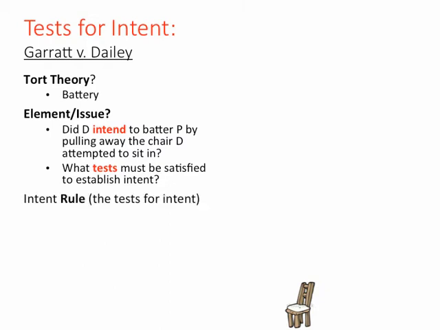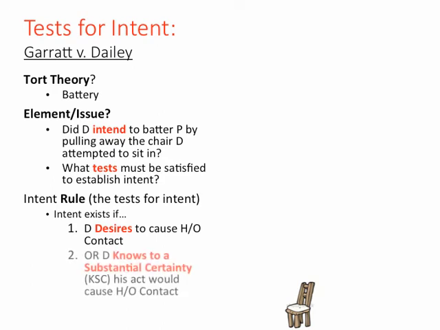The court does give a description of the rule, which are really the tests for intent here, and there's actually two prongs. There's two different ways that you can establish intent in an intentional tort case. One is by showing that the defendant desired or had a purpose to cause a harmful or offensive contact, and the second is if the defendant knew to a substantial certainty that a harmful or offensive contact would occur.